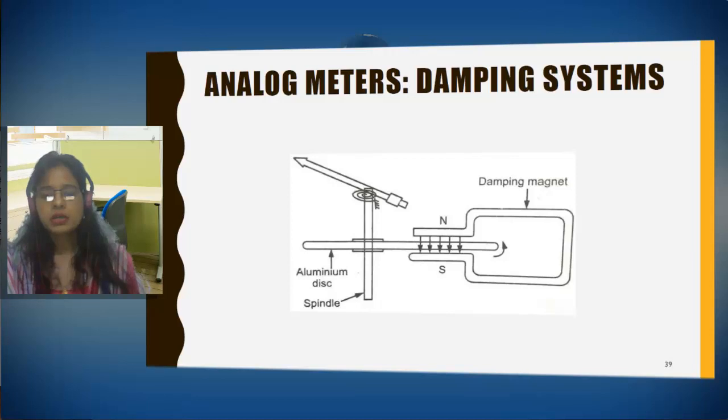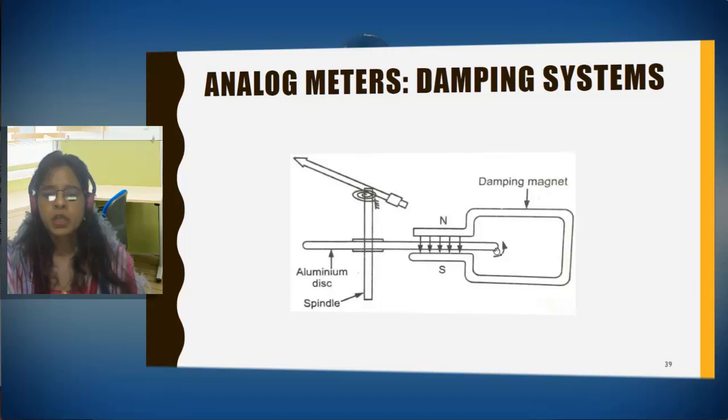So there will be a force due to the magnetic field produced by the eddy current and the magnetic field of the damping magnet. The interaction between these two will lead to the stopping of the aluminum disc.